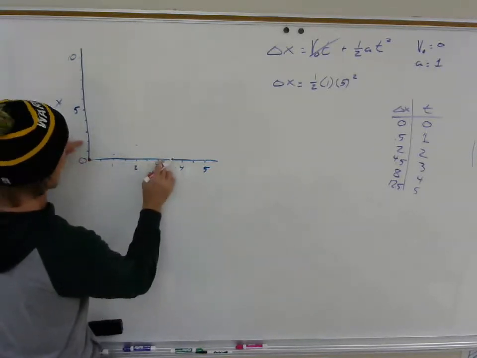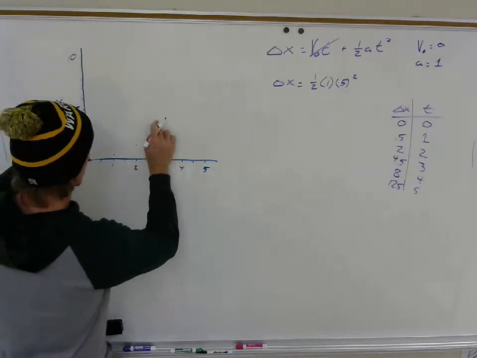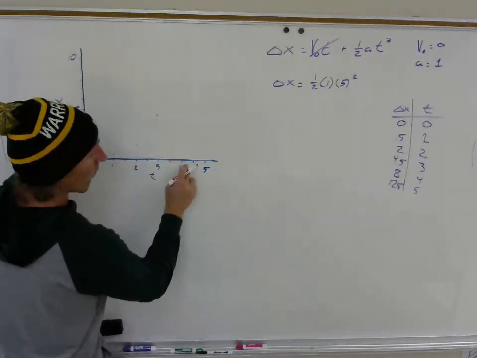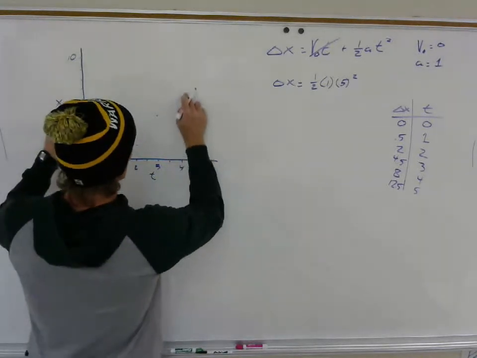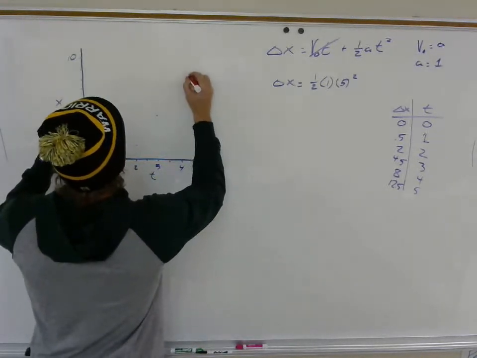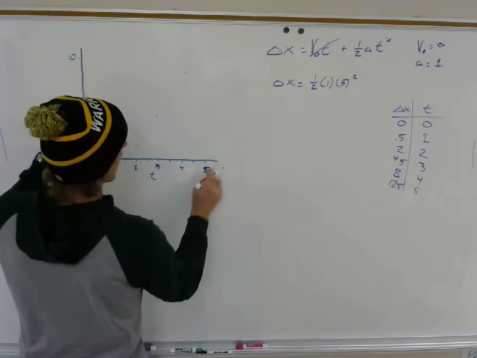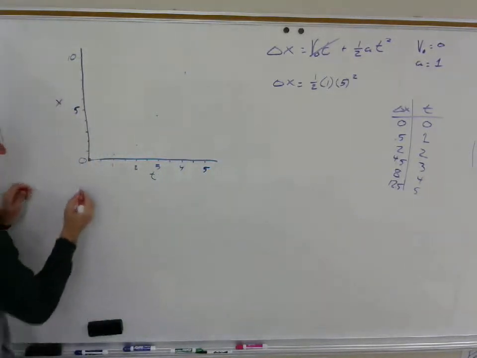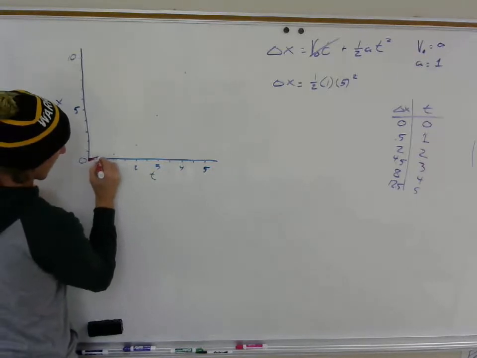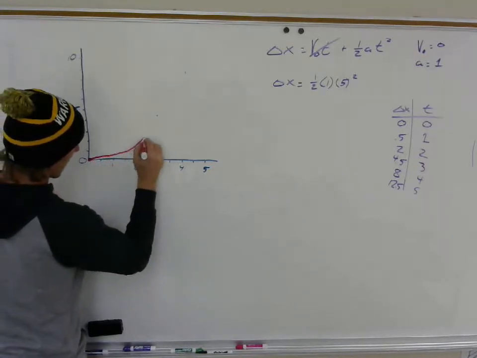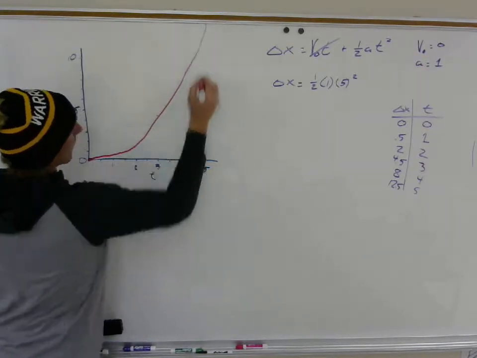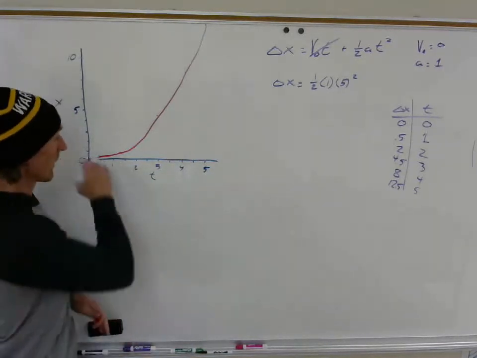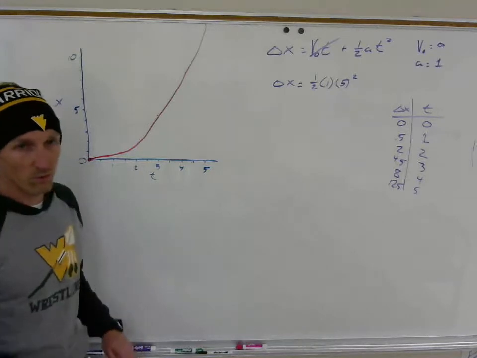At time equals 3, I'm at 4.5. At time equals 4, I'm at 8. Time equals 5, I'm actually off, so I'm up there somewhere. Now if I connect these, I have a curve. It's kind of an ugly looking curve, but it's a curve.